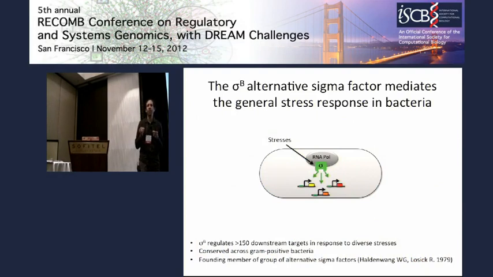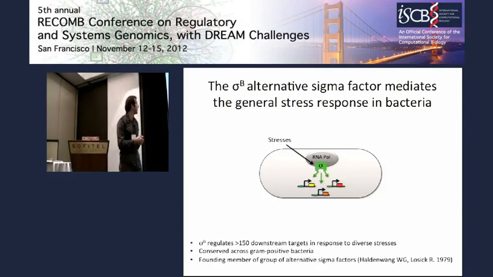The general stress response in bacteria is mediated by an alternative sigma factor called sigma B. Alternative sigma factors are specialized transcription factors that recruit the polymerase and bring it to a whole set of target promoters. And there are a lot of these. They're highly conserved. They're very central players. Now, in sigma B, stresses post-translationally activate sigma B, and that in turn leads to the activation of a whole range of different targets.